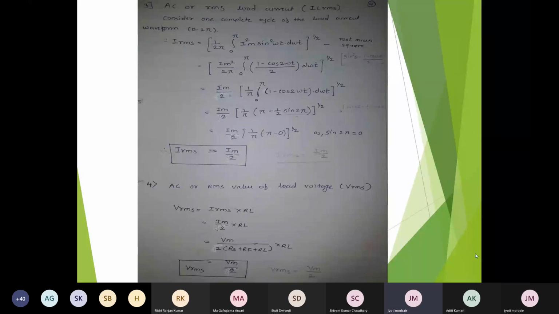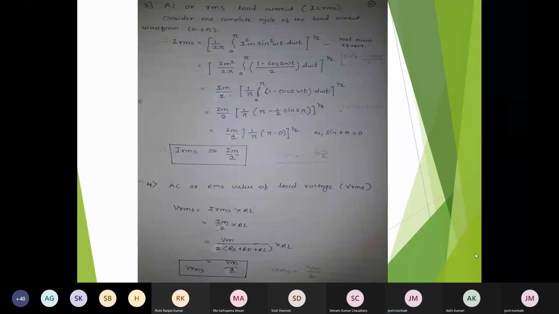How do we find out Im? Im can be found by the equation Vm upon RL. Once we find the Im value, we can calculate IRMS, the root mean square current, that is the RMS load current, equal to Im by 2 for the half wave rectifier.